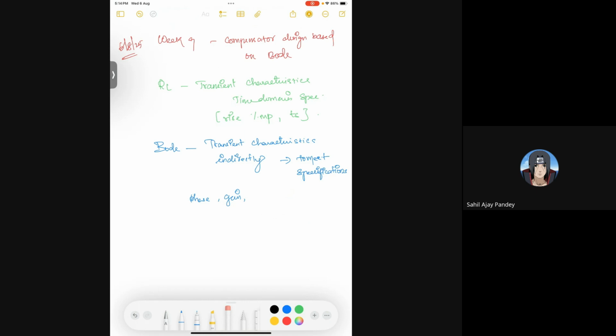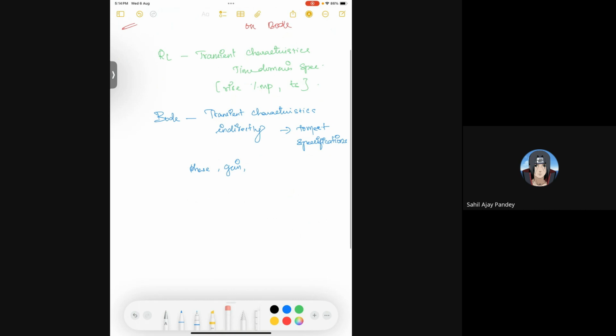Second important point I want to mention is that while designing with a Bode diagram, we'll adjust the open loop gain first. If you are given the open loop transfer function, you will be given some specifications. For example, the specifications can be of both steady state and transient response.